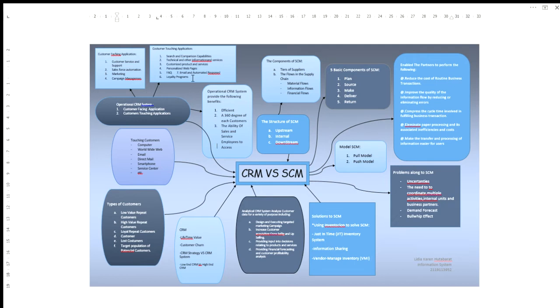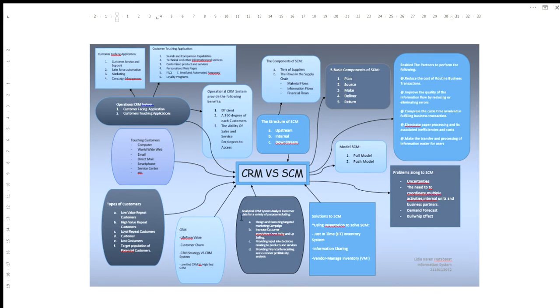Loyalty programs in this section are an implementation of customer touching. And the last, seven, email and automated response. For example, when a customer has a birthday, a greeting message or ticket is automatically sent through the system to the customer's email.